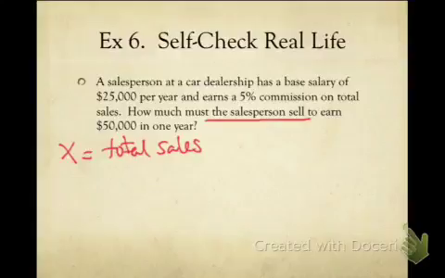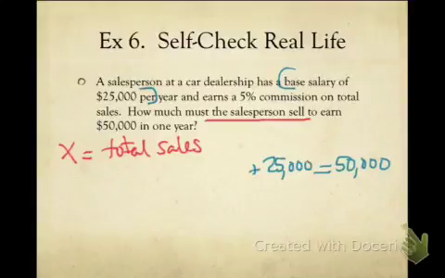But what I do know here specifically is that the salesperson wants to make $50,000 in 1 year. And I also know that the base salary is $25,000, so that's what's set and doesn't change. The only flexible rate here is that the salesperson earns a 5% commission on total sales.